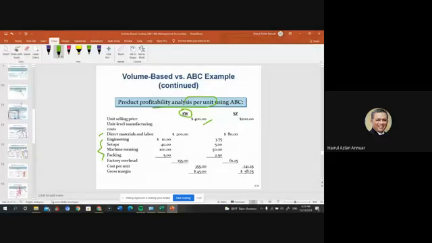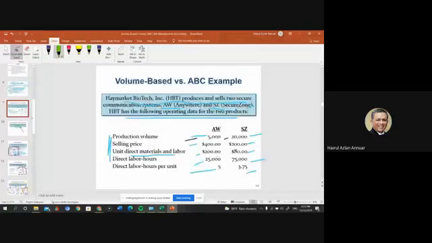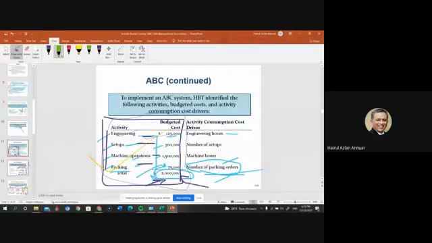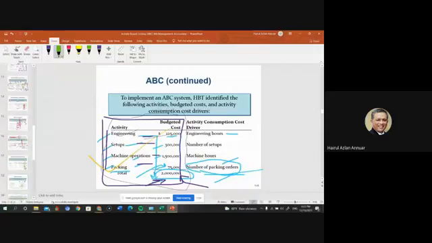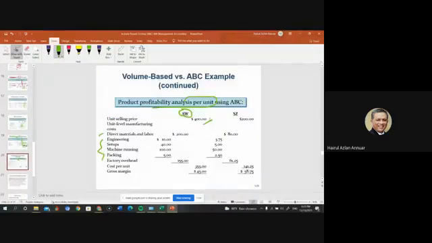It must come from the first few pages here. Anywhere, selling price $400. Direct materials and labor $200. Yeah. Selling price $400 minus direct materials and labor $200 minus all the overhead just now.